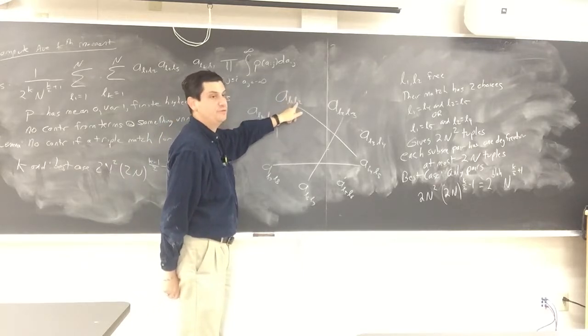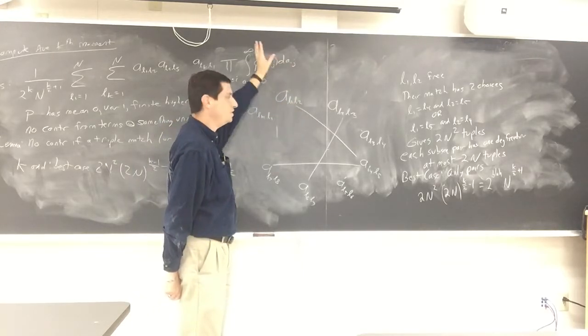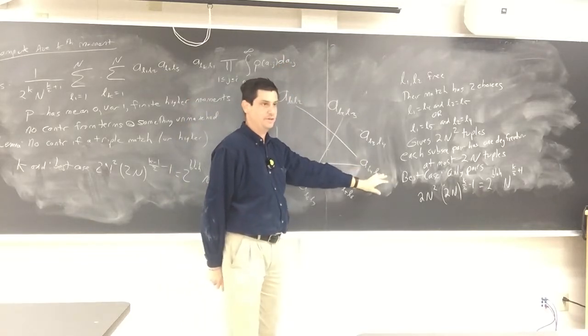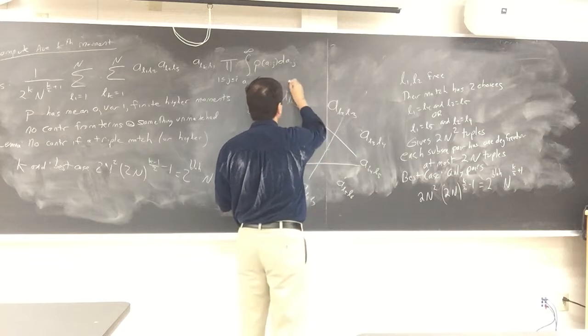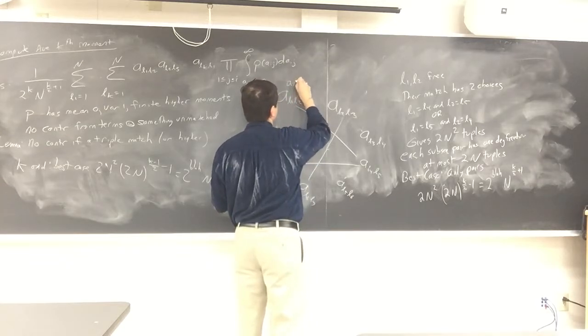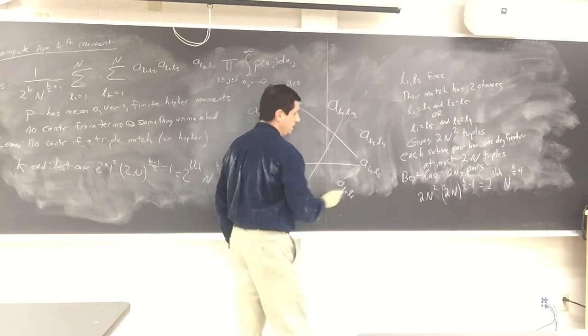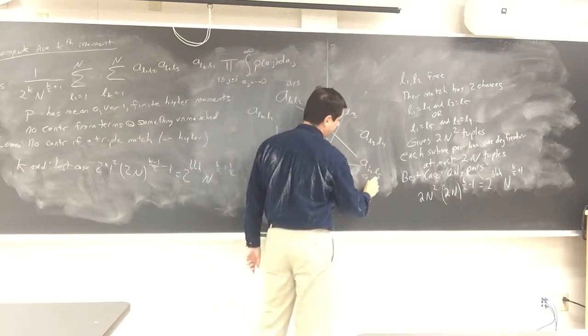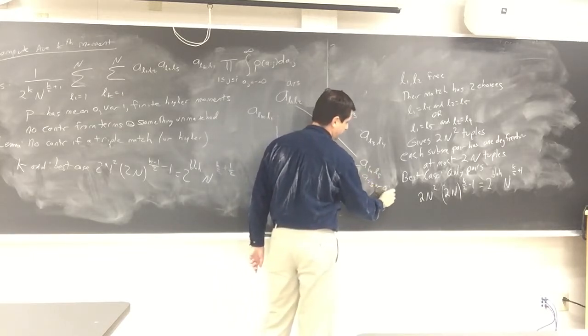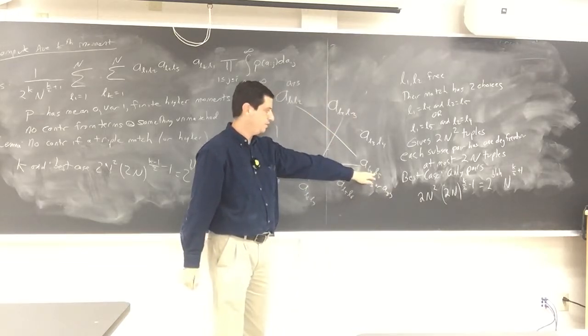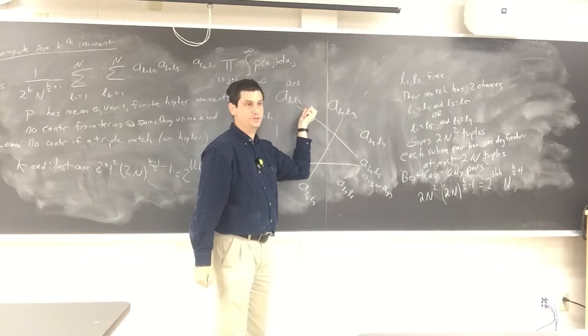Both L1 and L2 are free indices. L1 ranges from 1 to n, L2 ranges from 1 to n. And now I match it with L4, L5. So if this is, say, A7, 3. Say I take L1 to be 7 and L2 to be 3. Then this has to either be A7, 3 or A3, 7. So I have two choices for the pair L4, L5 for one choice of L1, L2.